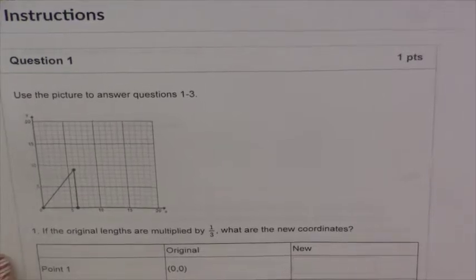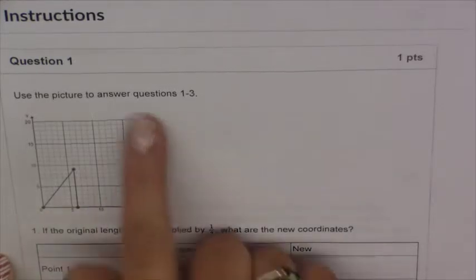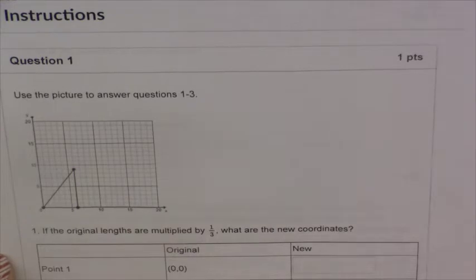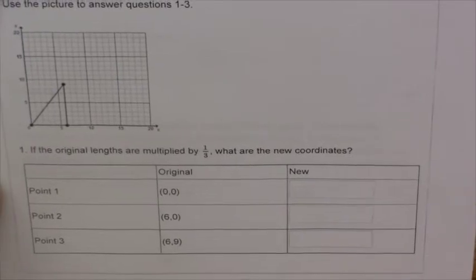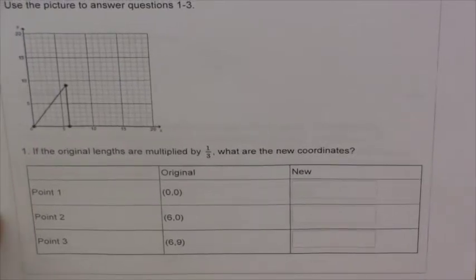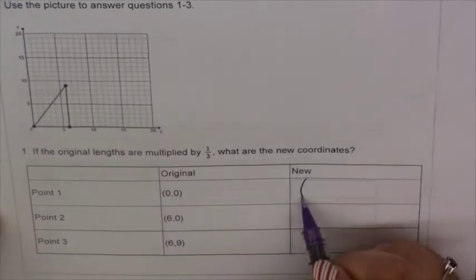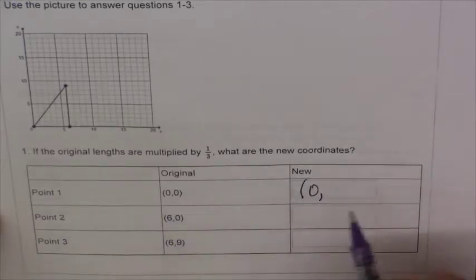All right, so question number 1 says use the picture to answer questions 1 through 3. So we're using this picture on the first 3 questions. Number 1 says, if the original lengths are multiplied by 1/3, what are the new coordinates? We need to take each of the coordinates in our point and multiply them by 1/3. So point 1 at 0, 0, 0 times 1/3 would be 0. 0 times 1/3 would be 0.